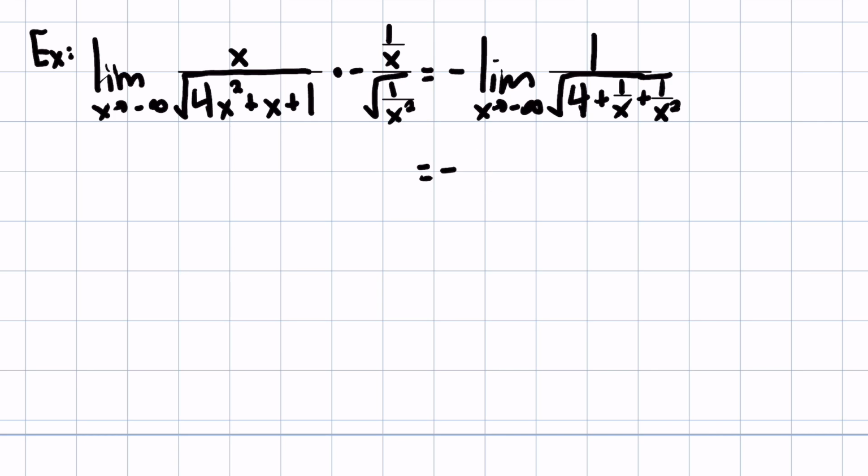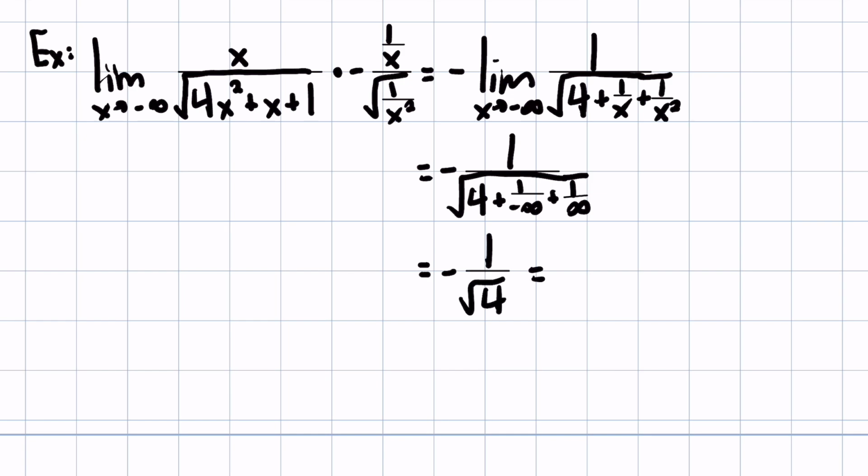So negative 1 over the square root of 4 plus 1 over negative infinity plus 1 over negative infinity squared, which is positive infinity. What we get here, 1 over negative infinity and 1 over infinity, those are both 0. So we have negative 1 over the square root of 4. That becomes negative 1/2.